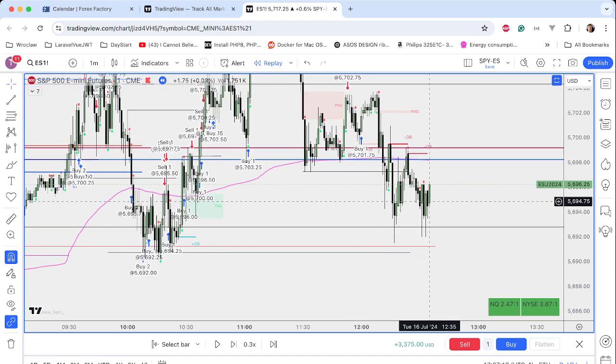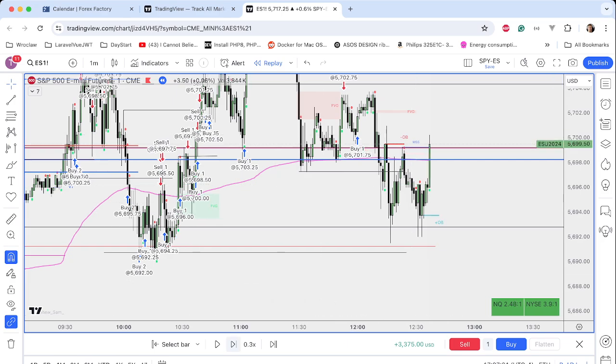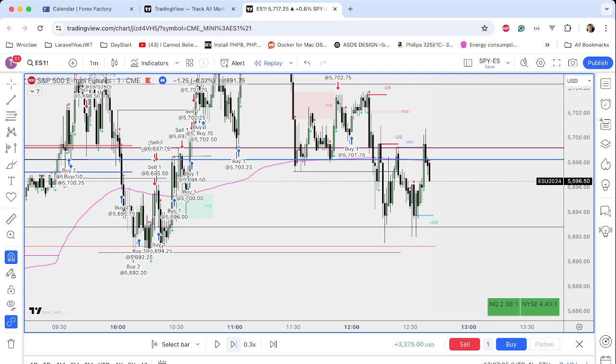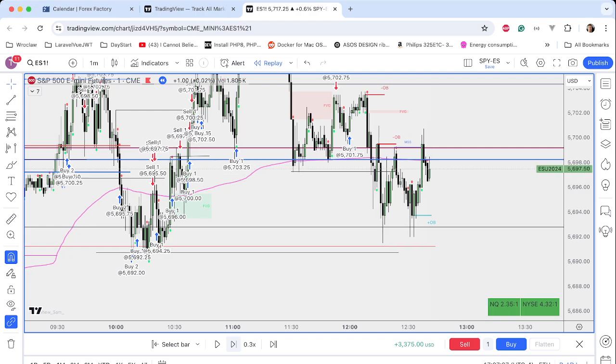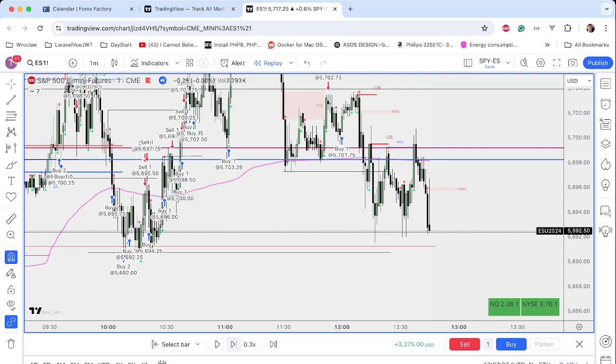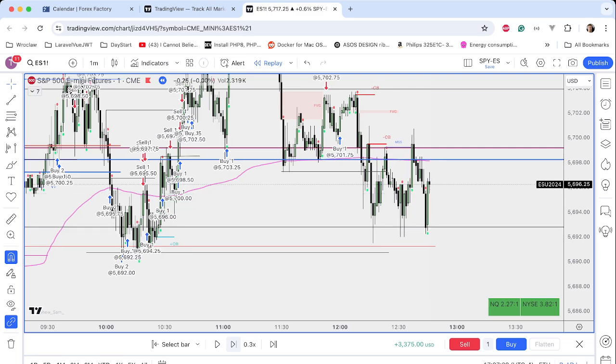Okay, they might push higher now. 12:35. I took these shorts. How about we drop one more time? You see? Don't trust price action.